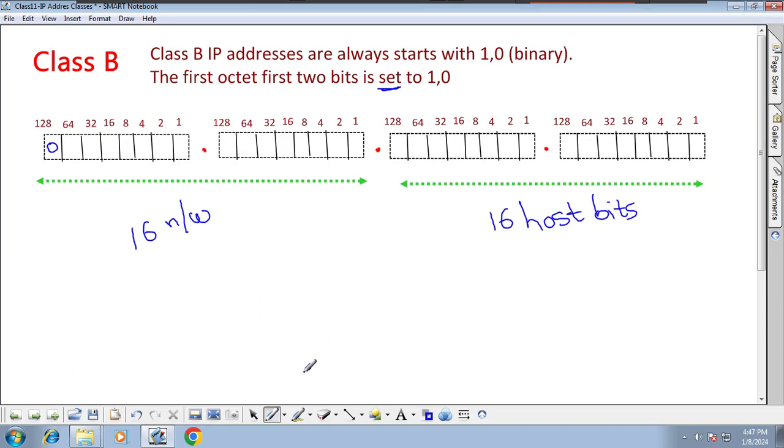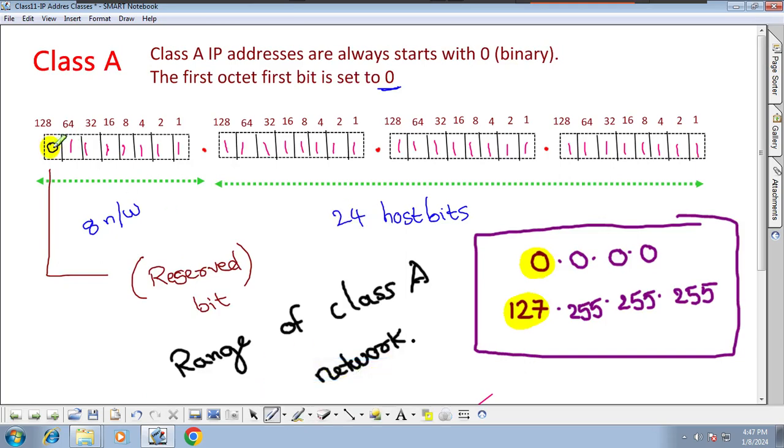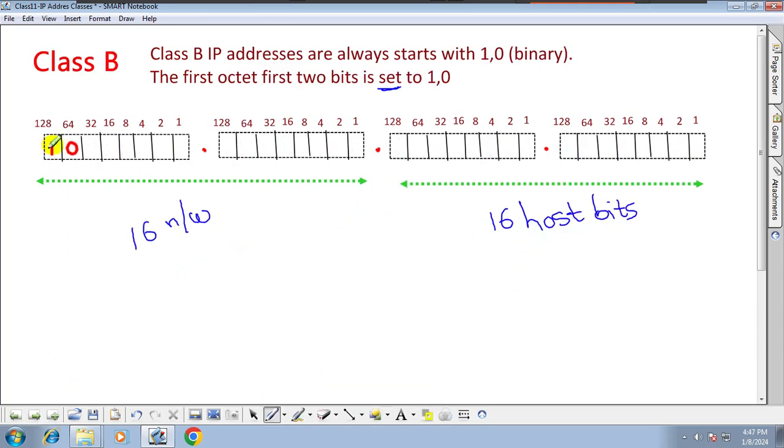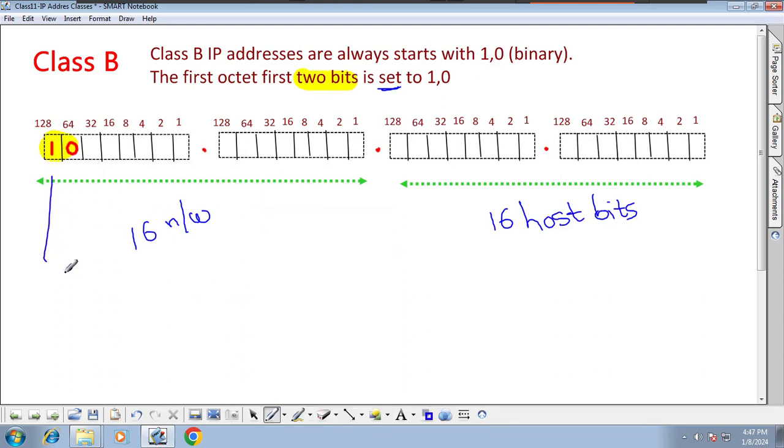Okay, in that, what will be the first place values here? 1 0. If you look here, the 2 bits 1 0 are reserved, so we can say these are reserved bits.